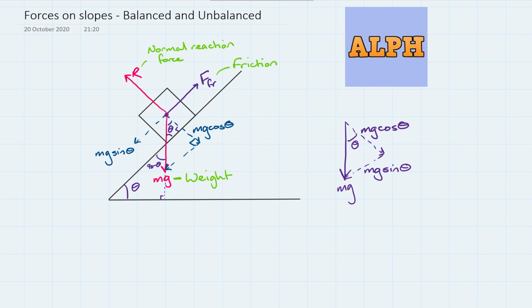So then in equilibrium, so this is proper equilibrium, both translational and rotational equilibrium. We're not talking too much about rotational right now. The frictional force equals mg sine theta, and then R, the normal reaction force, equals mg cosine theta.